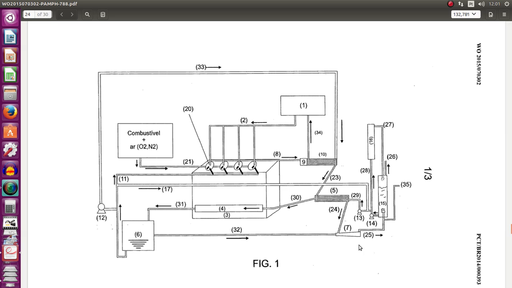Another important thing is that when the exhaust gas is released from the combustion chamber, it has some pressure, but it's actually low pressure. That's not enough to pass through these 2 heat exchangers and release to the atmosphere. So an ejector was created. This line 32 is basically steam, low pressure steam with high speed.